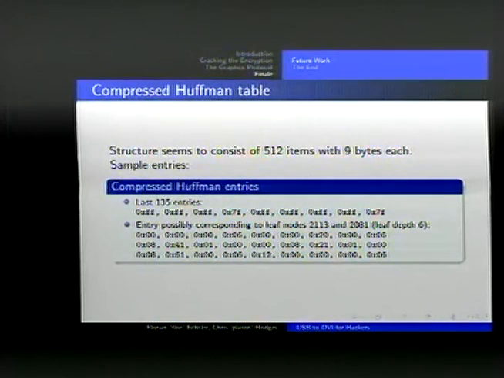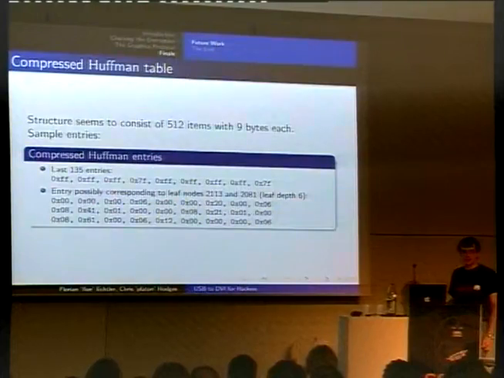The structure seems to look like we have 512 records, each of which has 9 bytes. This is particularly evident in the last maybe 135 or so entries, which look like they are empty, and they all have this structure. Here are also some sample entries which look like they correspond to these 2 leaf node values.